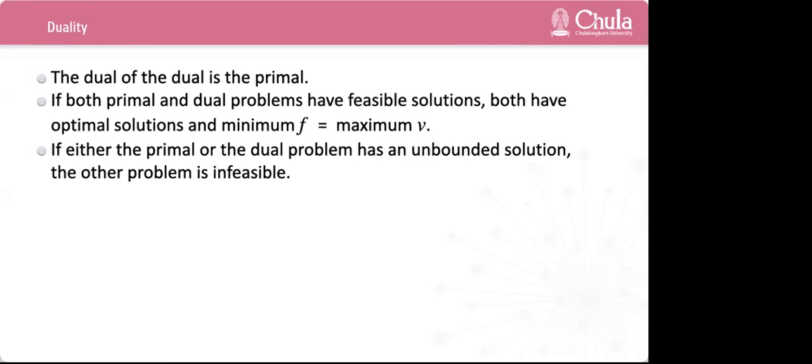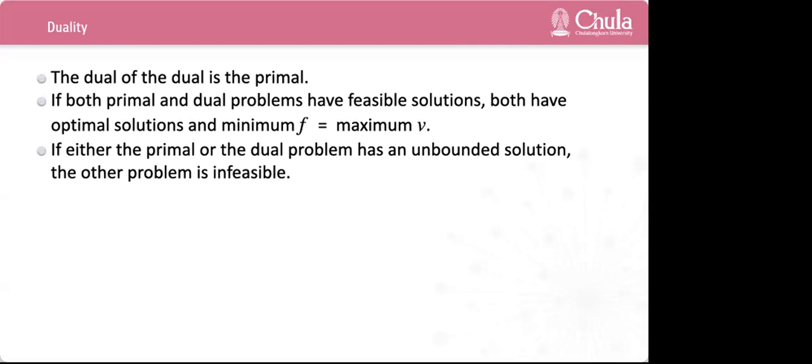What does it mean? If you solve the primal problem and find that it is the case of an unbounded solution, then if you make the dual problem, the dual problem will be infeasible.